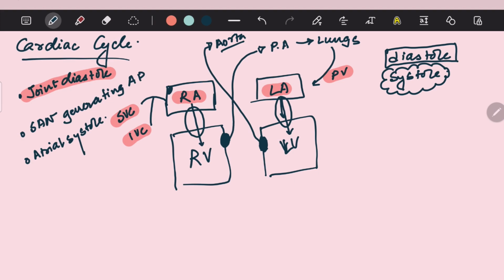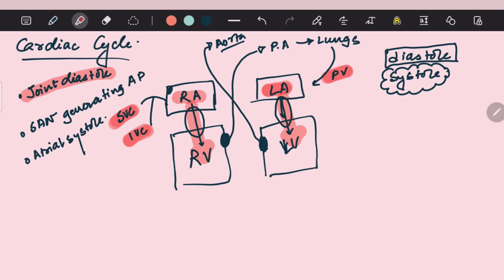As I said, once the blood is filled into the atria from the superior vena cava and the inferior vena cava to the right atrium and the pulmonary veins to the left atrium, due to the law of nature and gravity, because the ventricles are on a lower aspect than the atria, 70% of the blood flows passively into the ventricles.